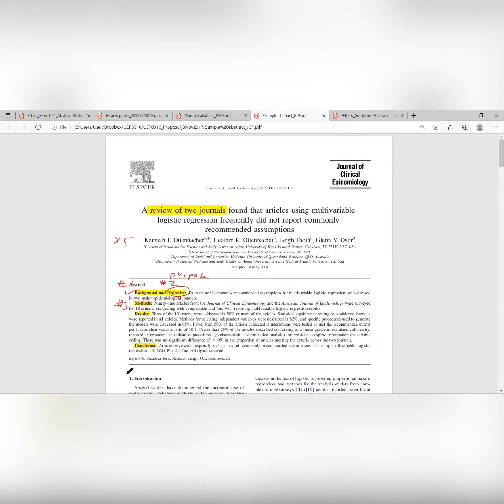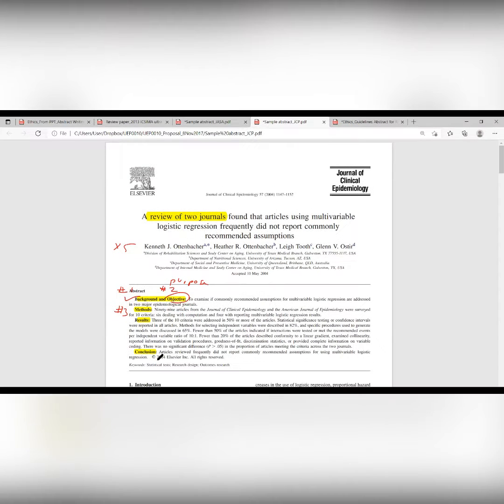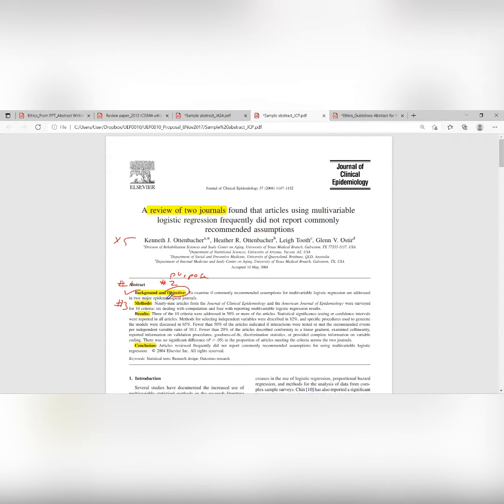So how they reviewed the multivariable logistic regression. They went through 99 articles from the Journal of Clinical Epidemiology. So they have credentials to report, with this huge amount of articles they have checked.